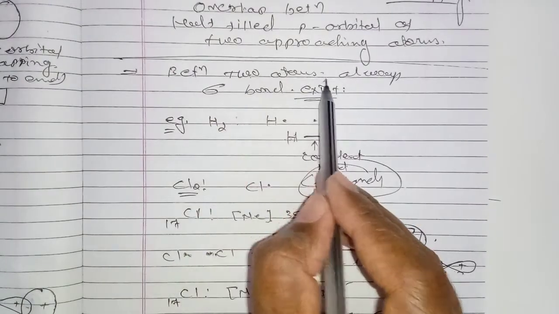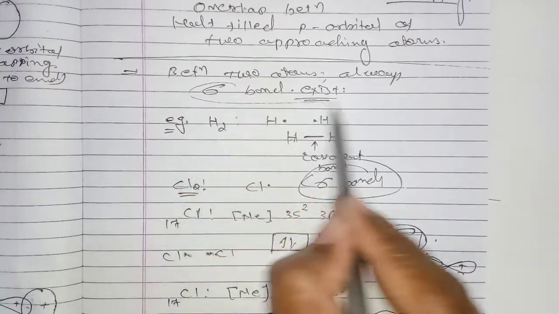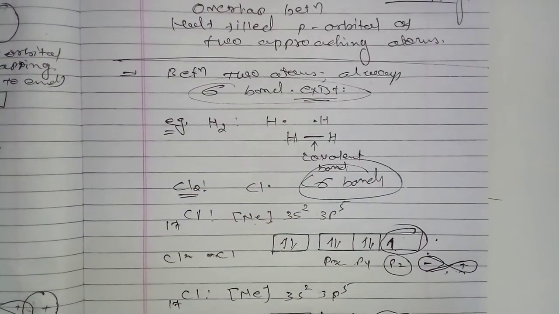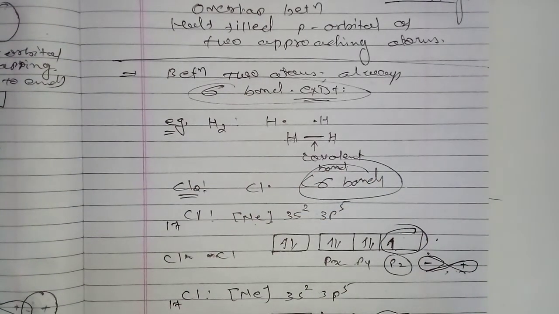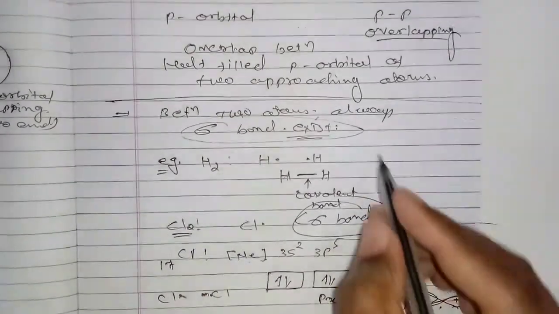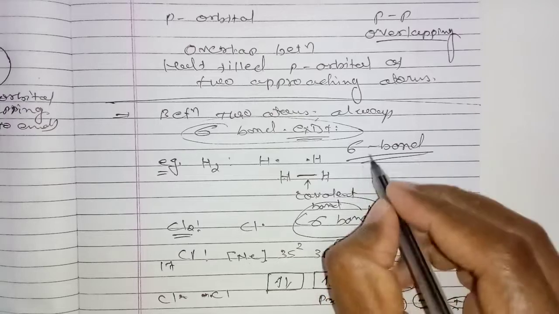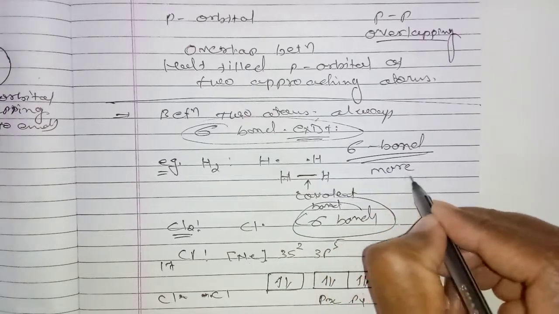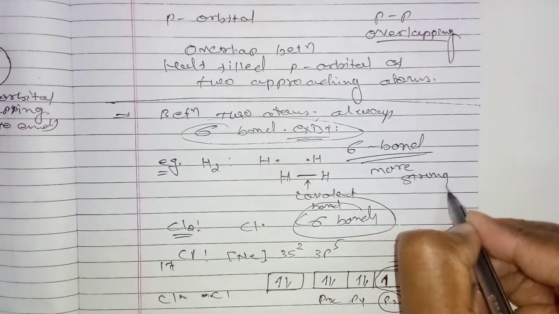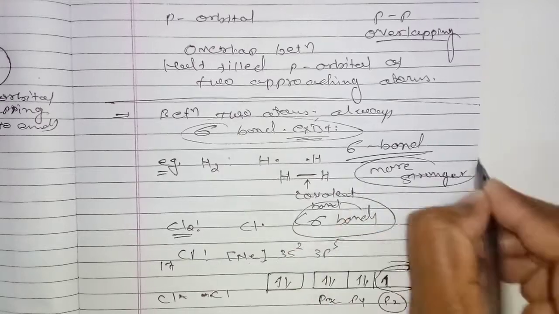Between two atoms a sigma bond always exists, and the sigma bond is a stronger bond.